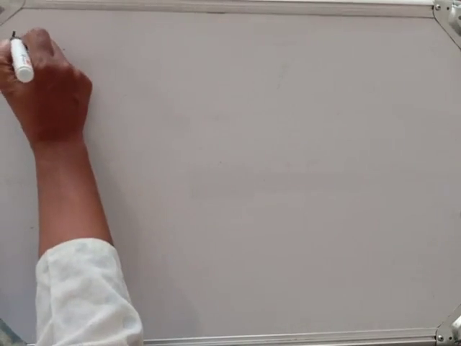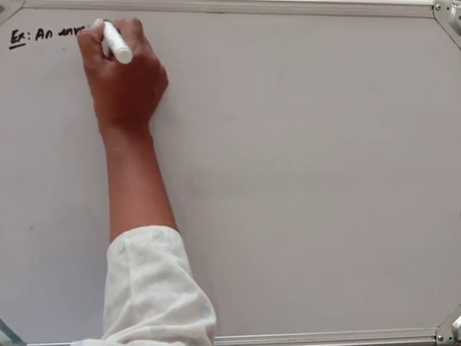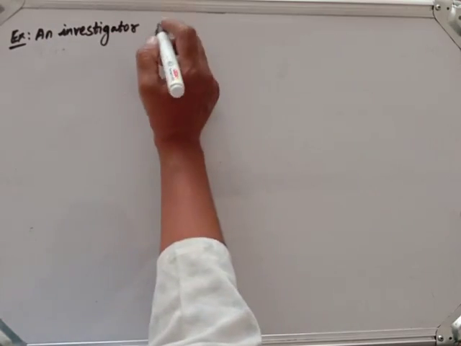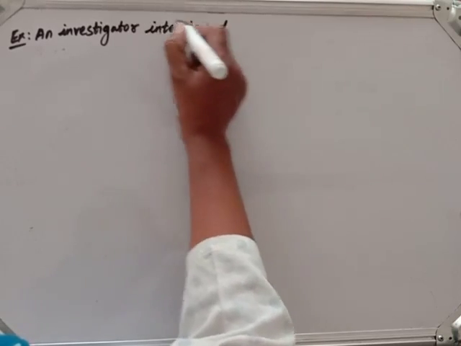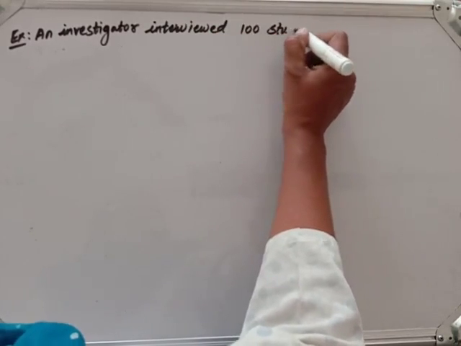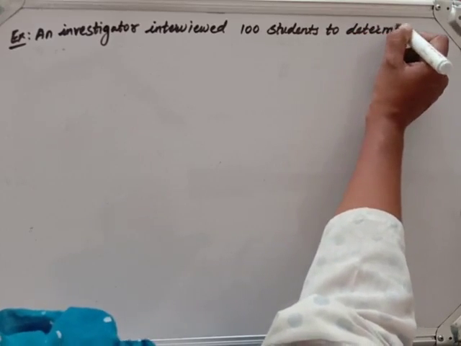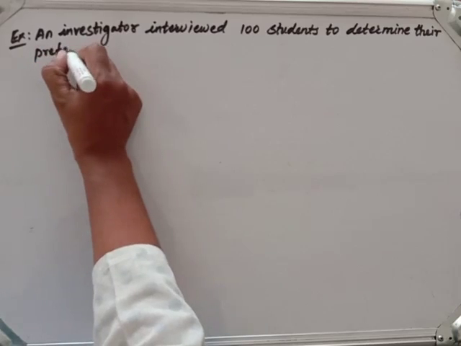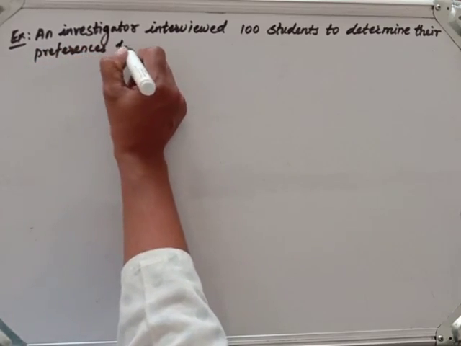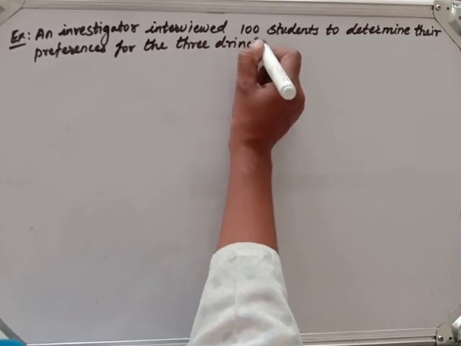Now the next example says an investigator interviewed 100 students to determine their preferences for the 3 drinks.